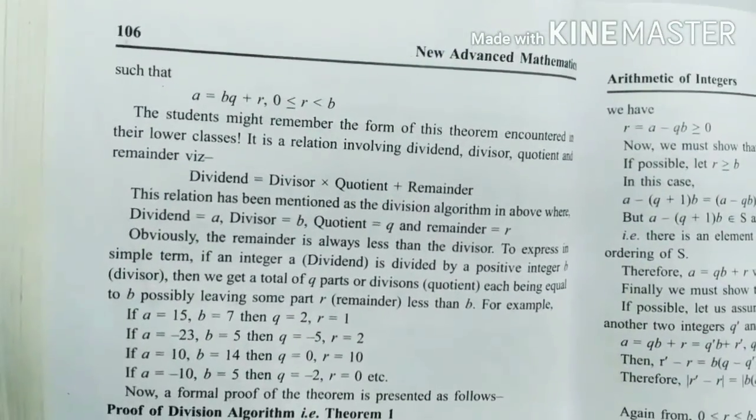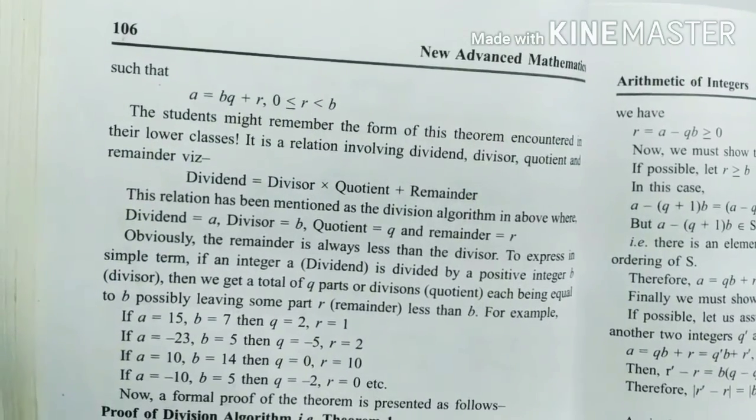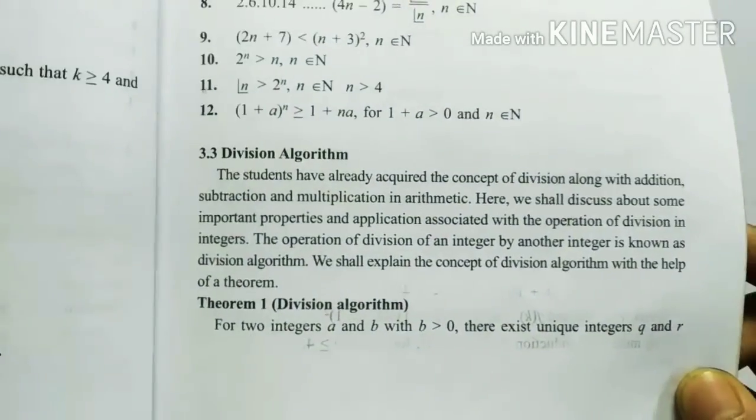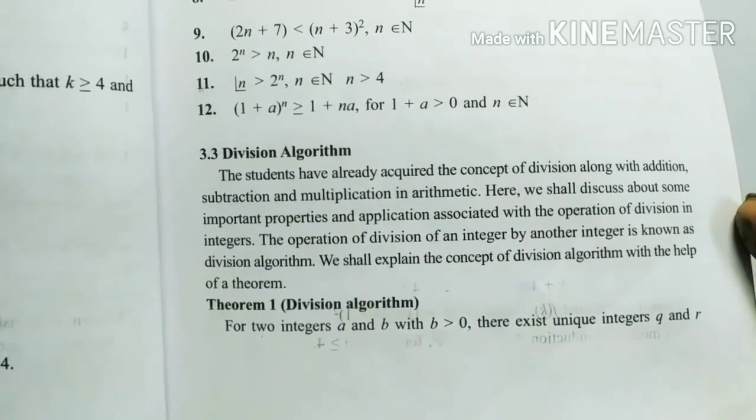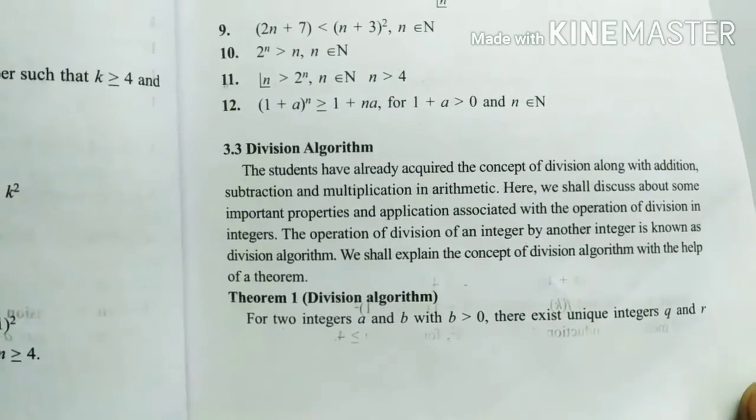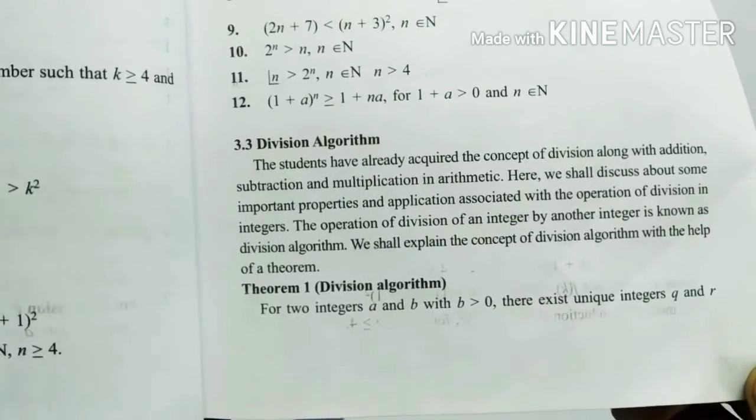Before we go there, in our lower classes we have already learned this theorem that dividend is equal to divisor into quotient plus remainder, and this division algorithm you have already got in general mathematics.